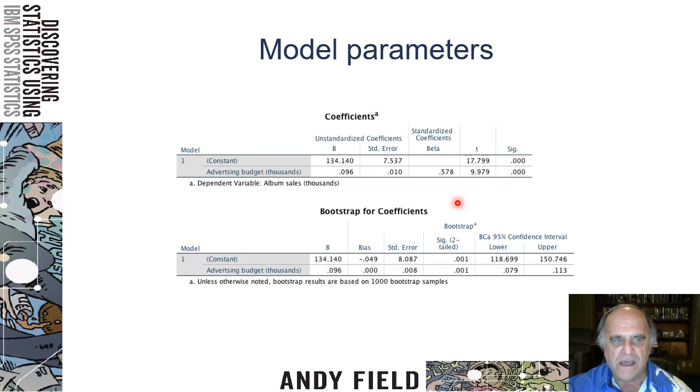You can see Field also likes to bootstrap the coefficients. The bootstrap coefficient is exactly the same for the constant and the B weight. And then we get the 95% confidence interval, the bootstrapped confidence interval around the B weight.